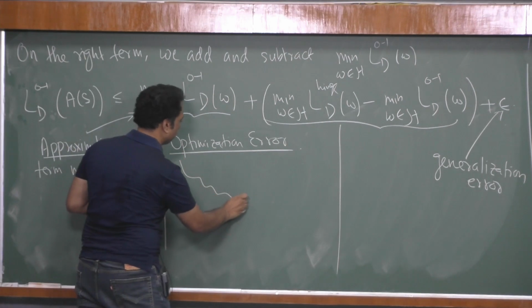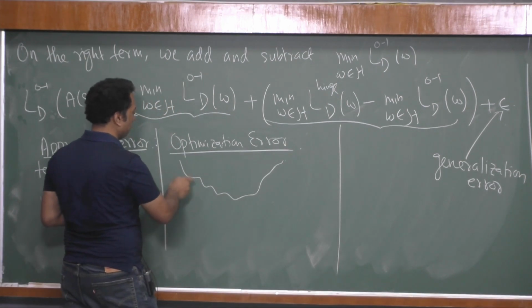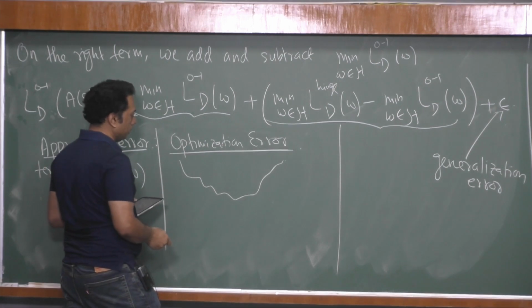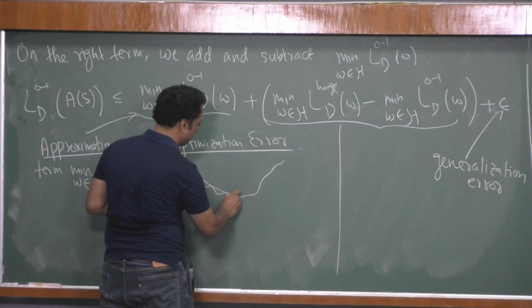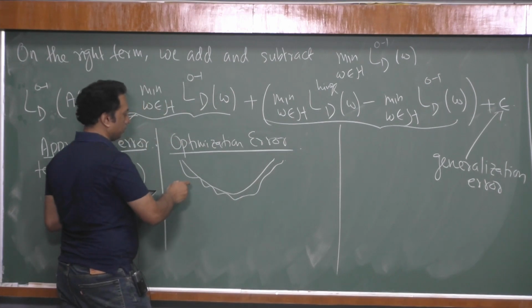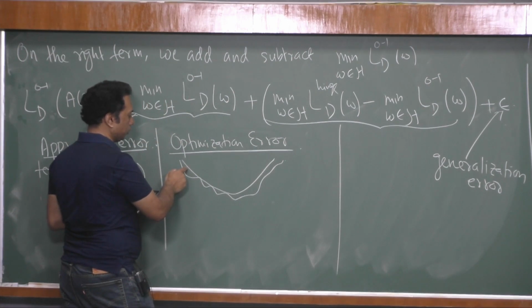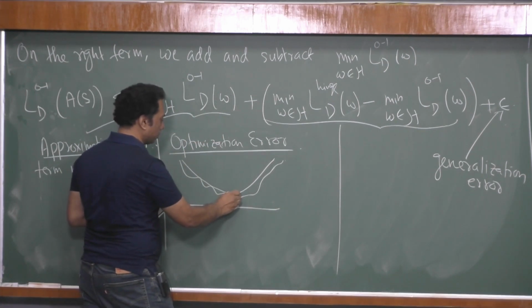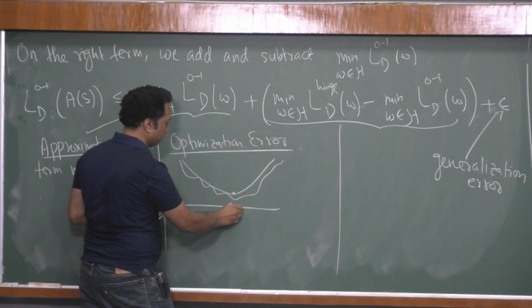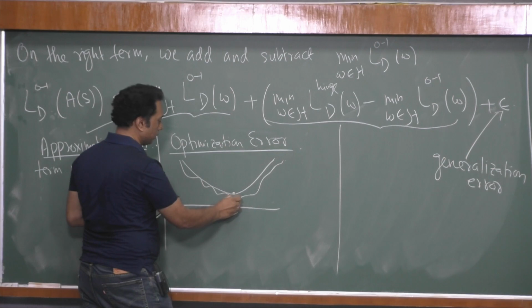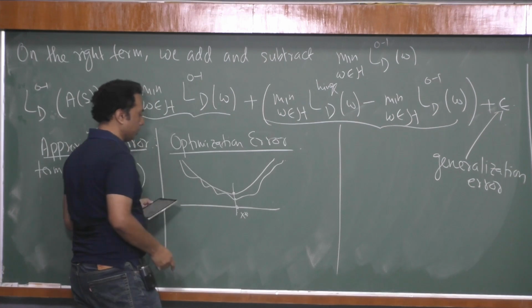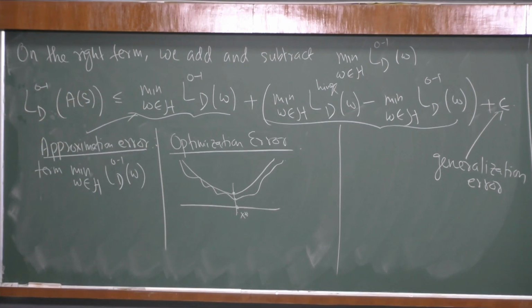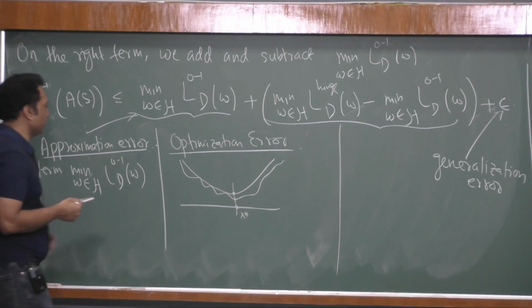If it's a non-convex function and I am approximating this by a surrogate, if I'm lucky, then my surrogate is indeed a convex function, and the minima of the surrogate is the same as the minima of the original loss. So this is the ideal case. But it may not be the case, right?